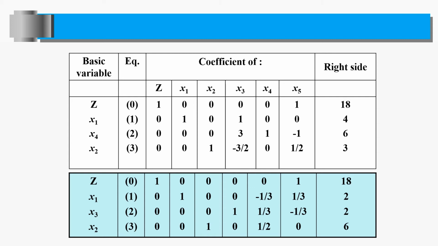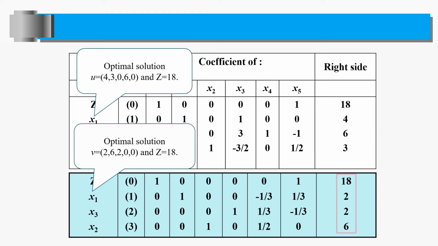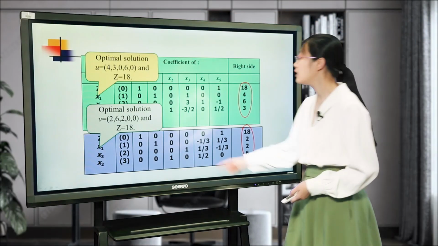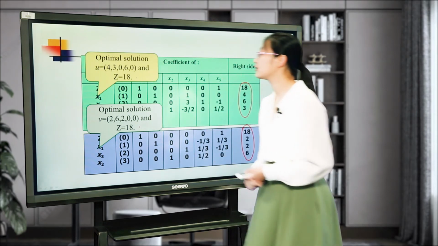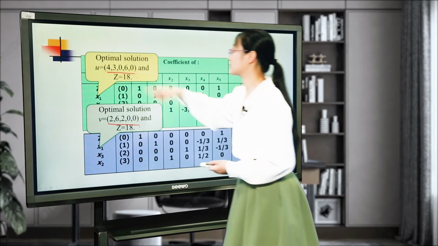In these tables, we can read separately from the first table the optimal solution and the value of the objective function, which can be read from the right side directly. Or in the second table, we can read from the right side the optimal solution and the corresponding objective function. The objective function values are the same, but these two optimal solutions are different.